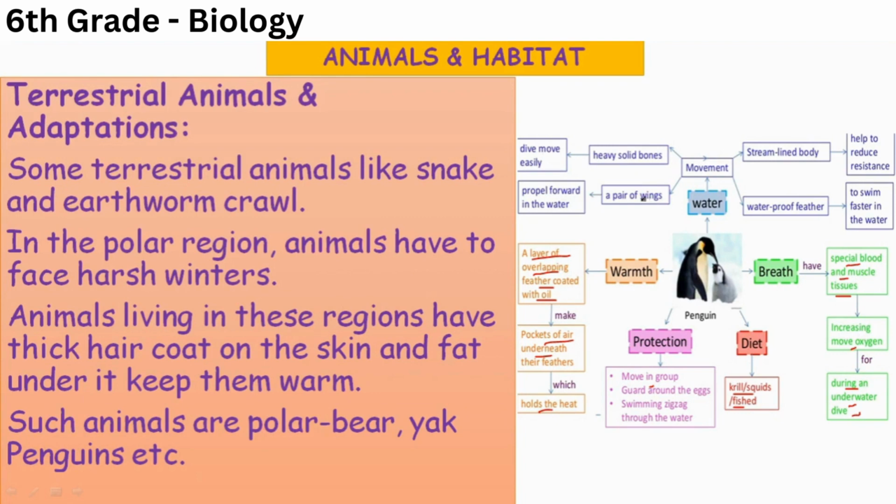A pair of wings propel them forward in the water, acting like paddles and pushing the water. The body is streamlined and helps to reduce the resistance, meaning to swim against the water current. Waterproof feathers help them swim faster in the water. So these are all the adaptations of a penguin living in the polar region, in very cold conditions.